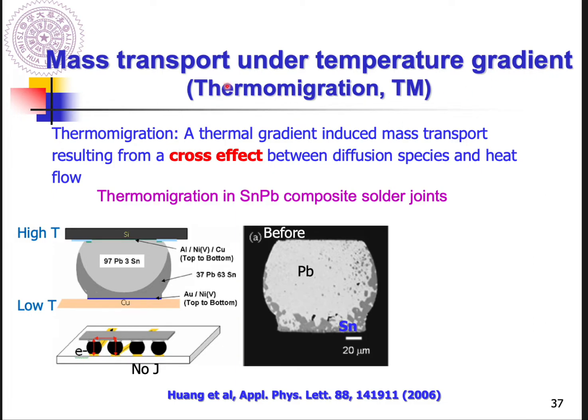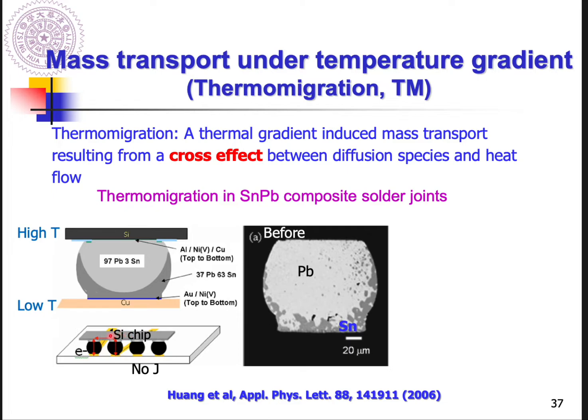So before we move to the definition, I will give you an example about the thermal migration, where and how it happens. This gray slab, metal slab, actually represents the silicon chip. What we always observe in the semiconductor is the silicon chip.